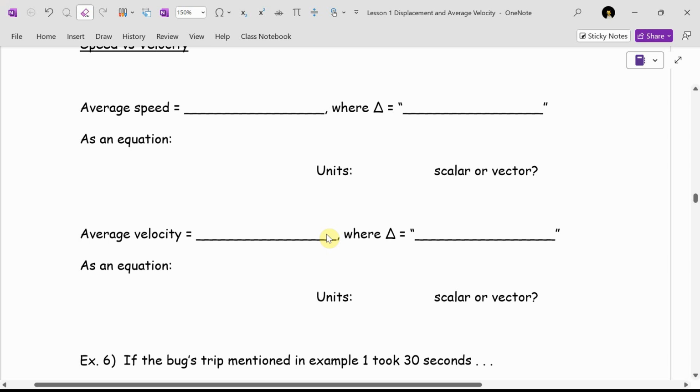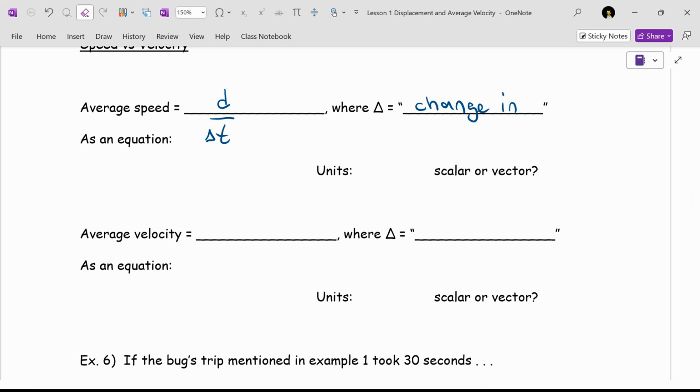Average speed is distance over time. It's technically distance over the change in time, where this delta is an abbreviation for change in. In fact, I think I put that in the top left-hand corner of your green formula sheet.